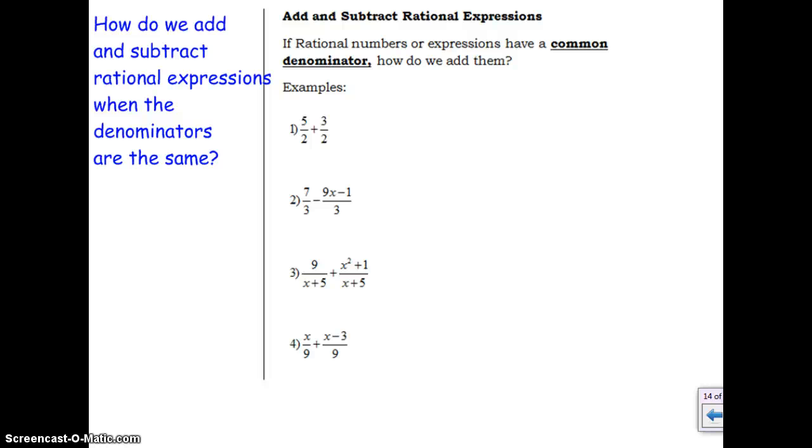Let's look at, just for example, if we already had a common denominator. So you guys know, think back to elementary school, when you guys are adding fractions, if we are adding or subtracting, we need to have a common denominator. So if I'm adding or subtracting fractions, I need to make sure I have a common denominator.